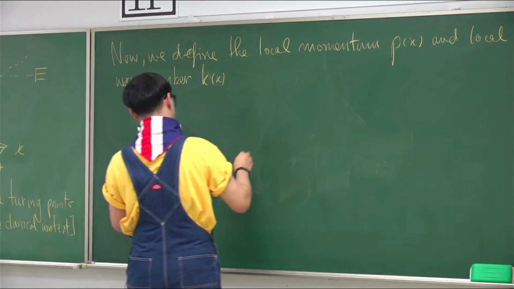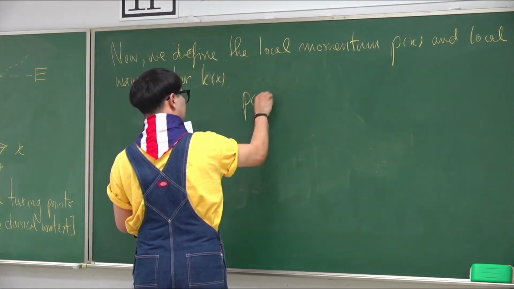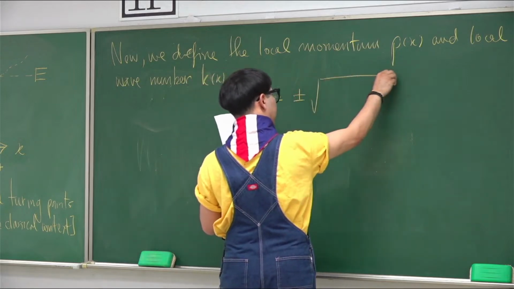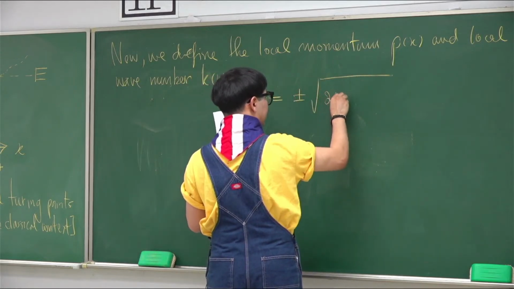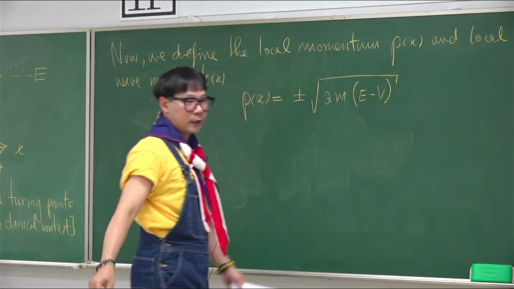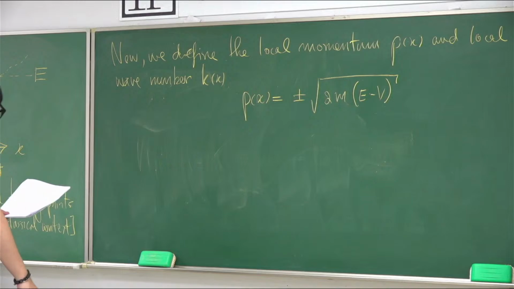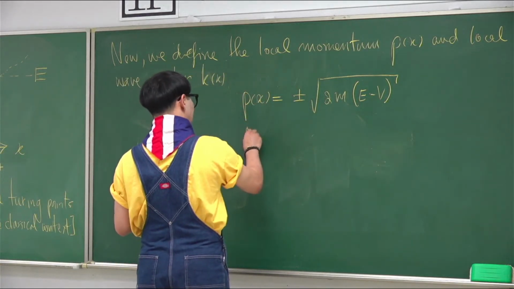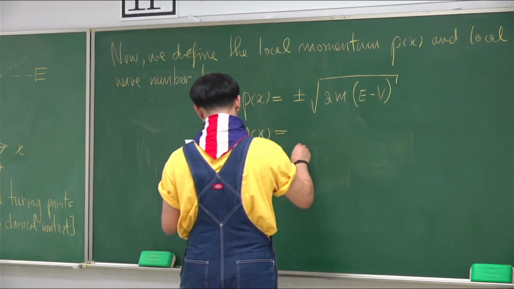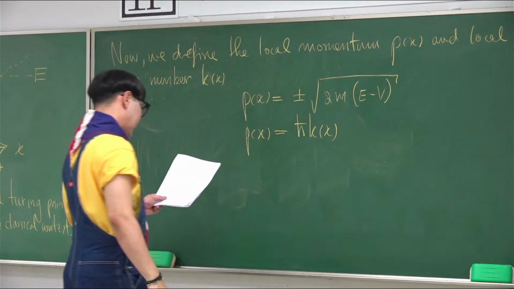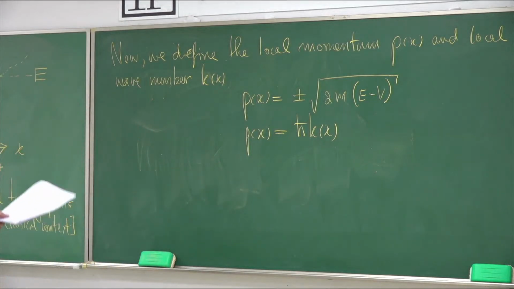This momentum can be solved from the definition of the energy; you're going to get this one. It's very trivial. And the connection of this p with the wave number is through this relation.